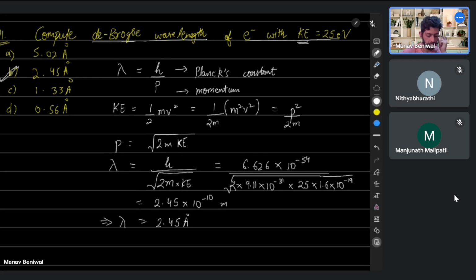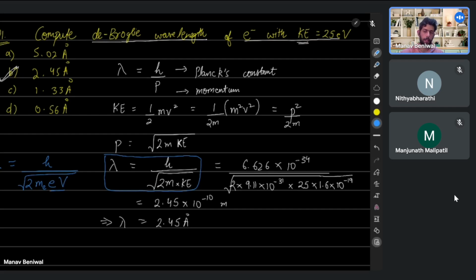Now, as you can see, there are a lot of universal constants in this. So what we can do is generalize this formula, and we can write lambda as h over under root 2 times the mass of electron times the charge of electron times the potential in which it is being accelerated, so this is now your kinetic energy, eV.